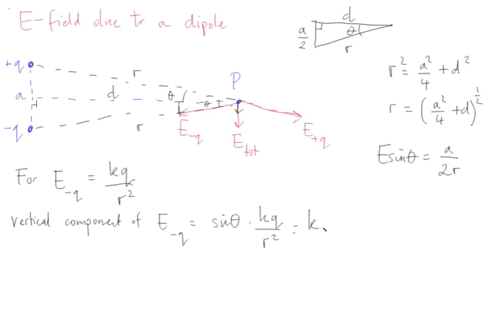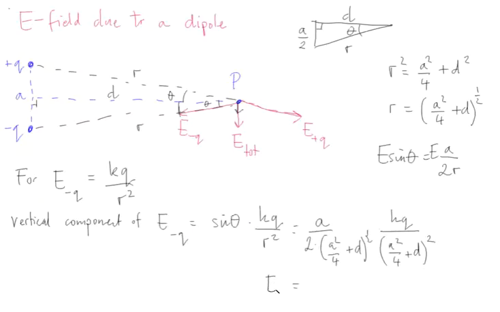So we get k times, or rather let's substitute in for sine of theta, which is a upon 2 lots of, and then instead of r, we're going to put this expression here: a squared upon 4 plus d squared, to the power half, multiplied by Q, kQ divided by a squared upon 4 plus d squared.